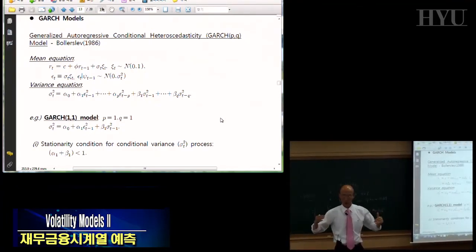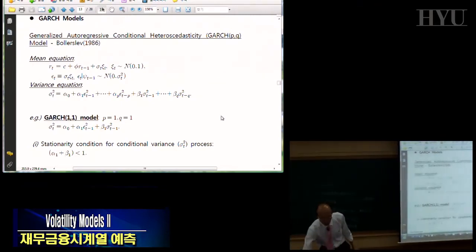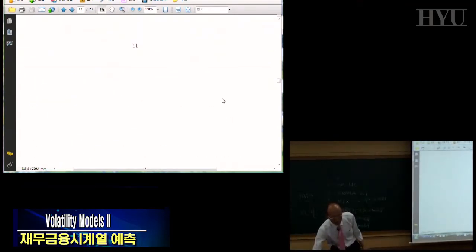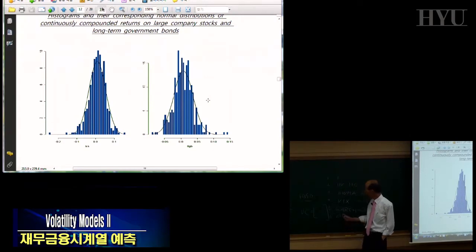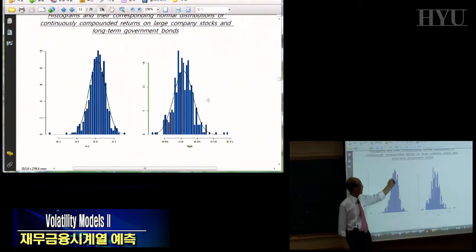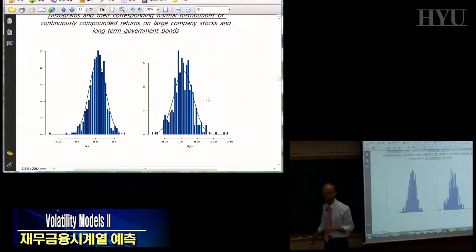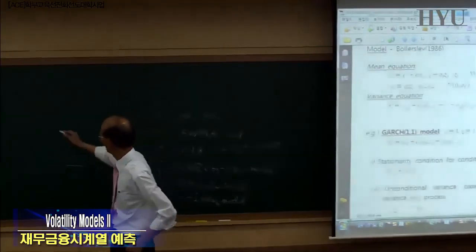The t distribution has a fatter tail than the normal distribution, right? Or some other distribution. And lastly, if you have data generated from a GARCH class model, or the one that shows this type of feature in terms of empirical distribution, let me write it here.